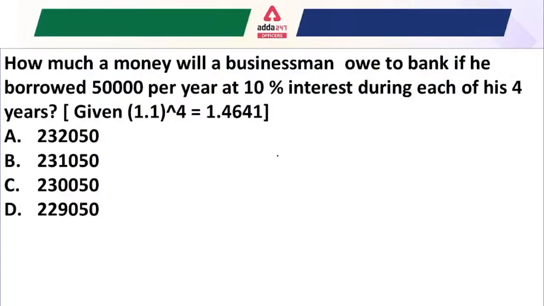So the first question is: how much money will a businessman owe to the bank if he borrowed 50,000 per year at 10% interest during each of his 4 years?